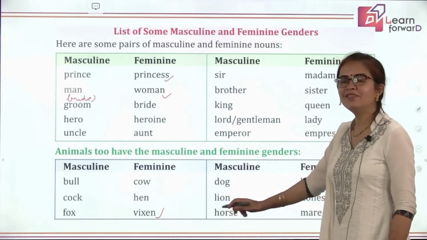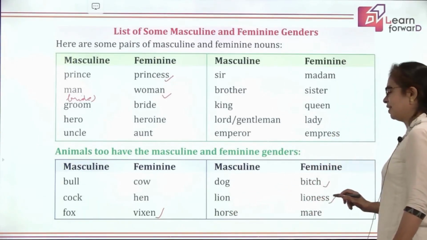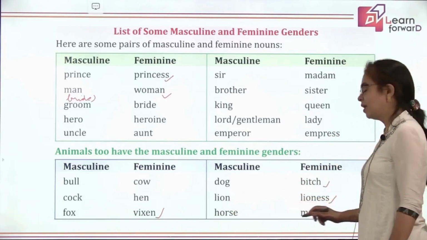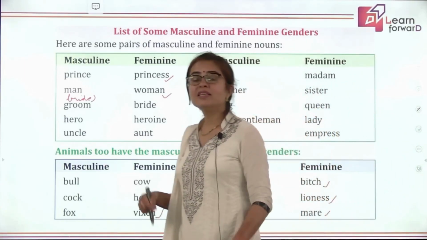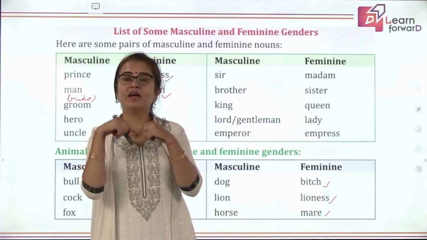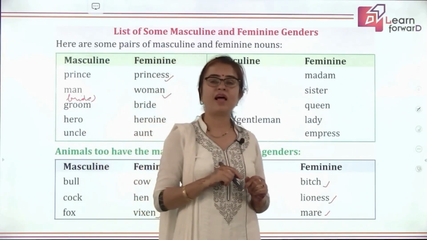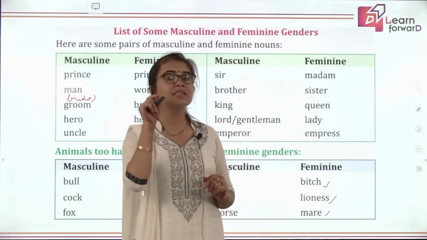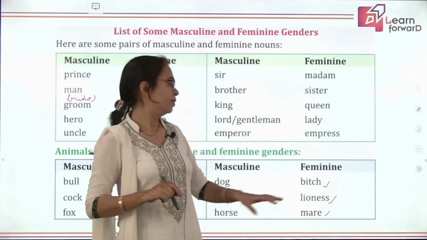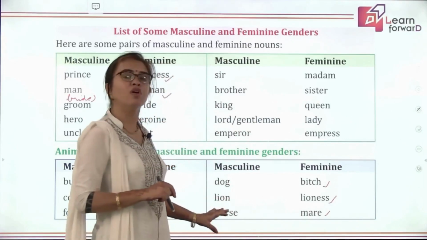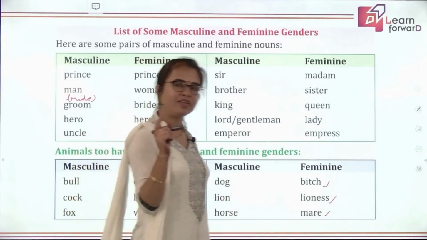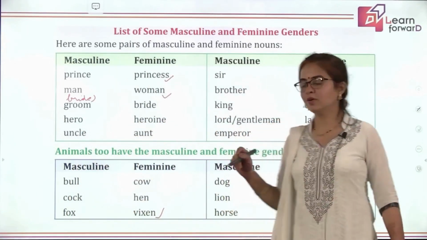Lion, as we have just learned, lioness. And horse is mare. Yes, that hair around the face of a lion is called mane, that is M-A-N-E. This is M-A-R-E, the female gender of horse. Got the difference? Remember both the words.